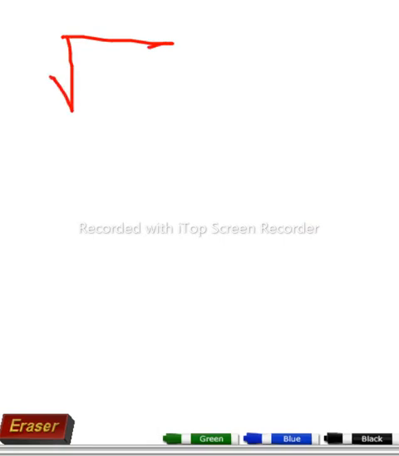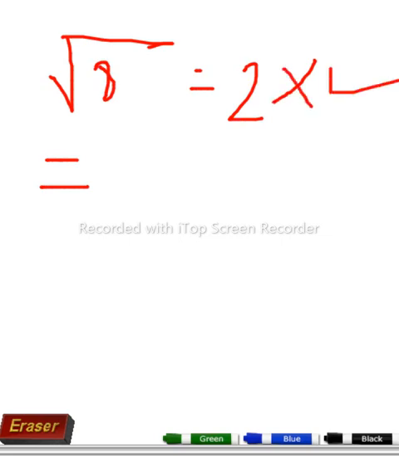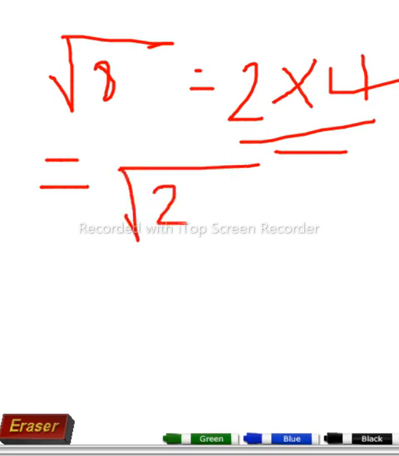Square root of 8. As we know, 8 means 2 times 4. So we can rewrite 8 like this first. So square root of 2 times 4. As we know, 4 will be a perfect square, which means 2 times 2.